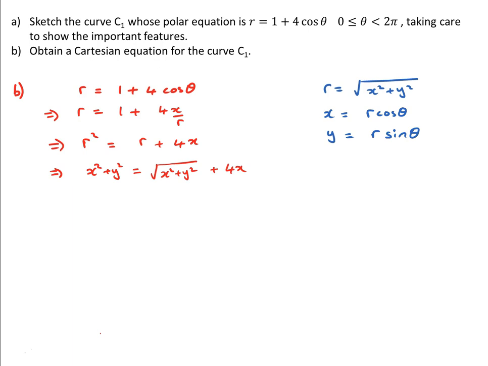If we pull the 4x across, we get x squared plus y squared minus 4x equals the square root of x squared plus y squared, and then square each side, we've got x squared plus y squared minus 4x all squared has got to equal x squared plus y squared. And that would be a sensible way of leaving the Cartesian equation for the curve.